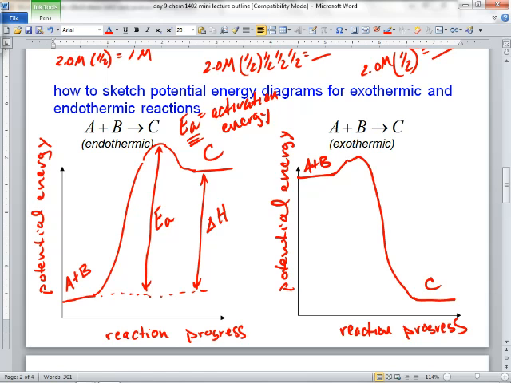One has to be the energy that the reactants had to overcome, and the other one was the energy difference between the reactants and the products. So hopefully there's one energy that the reactants had to overcome. And then the other one, there it is, the energy difference between the reactants and the products.